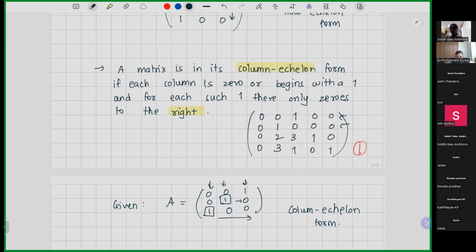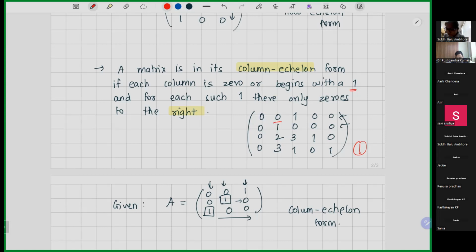But this 0, this one is not my first one in the column. This is not the required one. So what we need is, we only care about this one. So let me mark this. This is my first entry. So each column that is non-zero begins with 1. So the column must begin with 1. And once I have such a one, which is the beginning of my column, then all the entries to the right of that one must be 0.